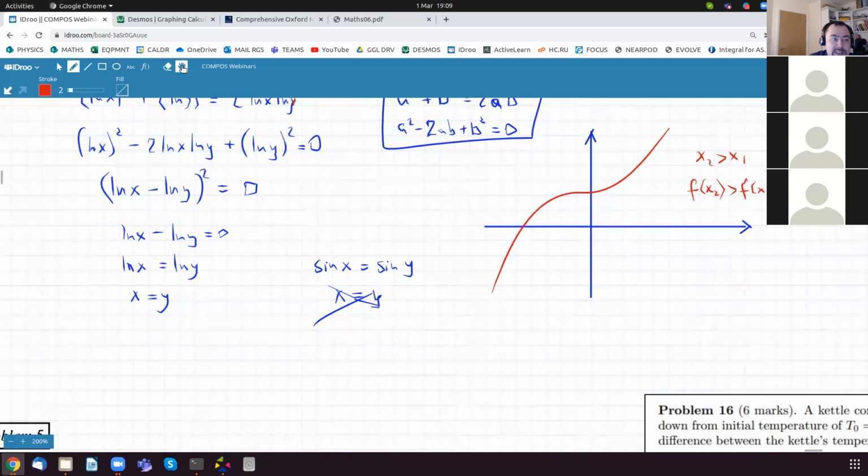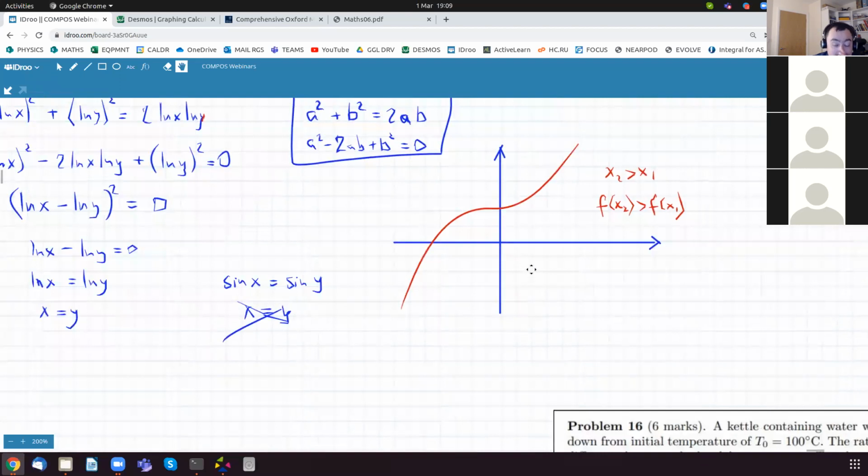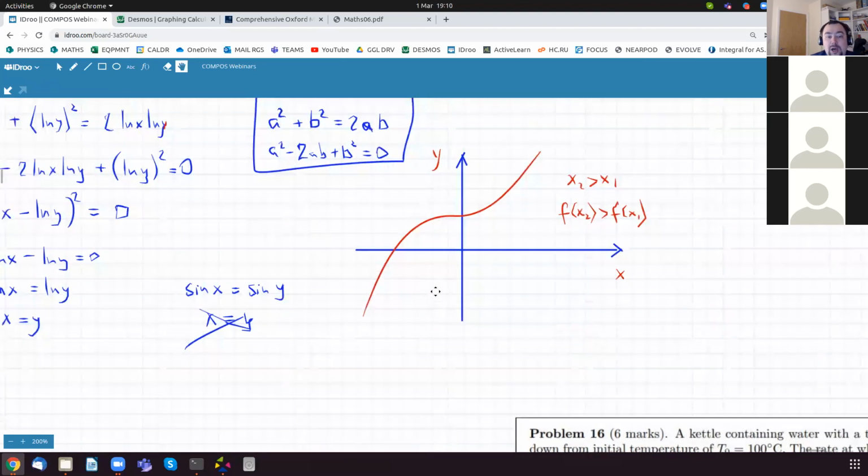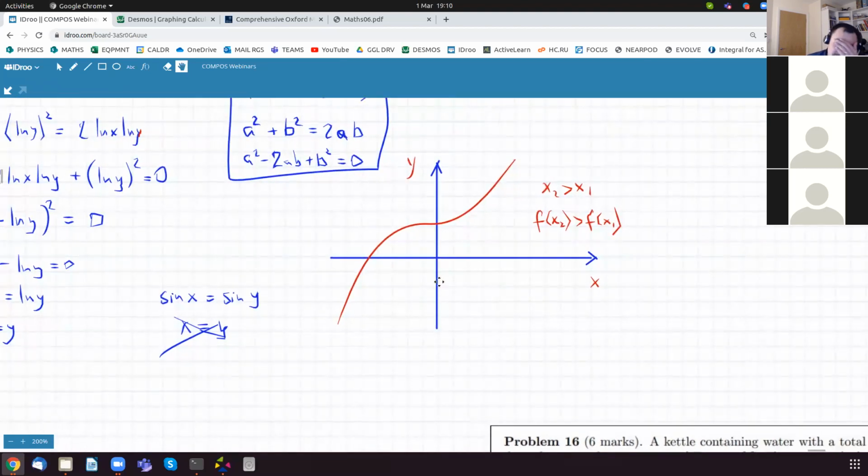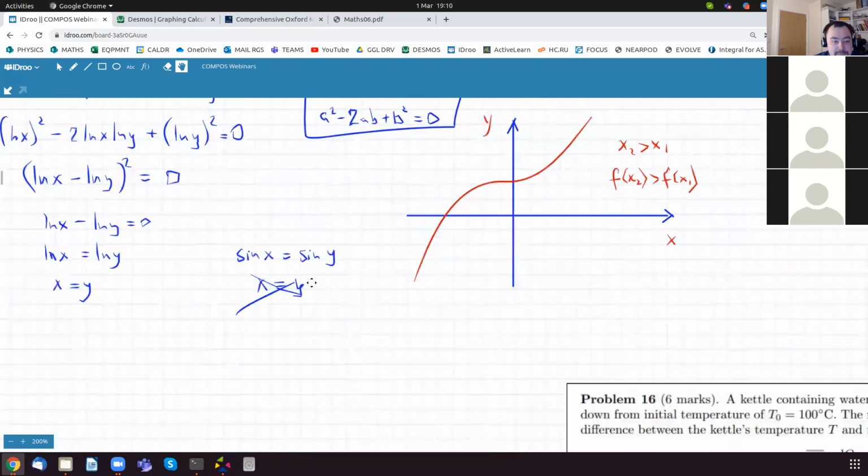A very important concept in maths, and one of the assignments will be on functions. So a one-to-one function does not have to be monotonic, especially if it's a piecewise function and the pieces are not connected.